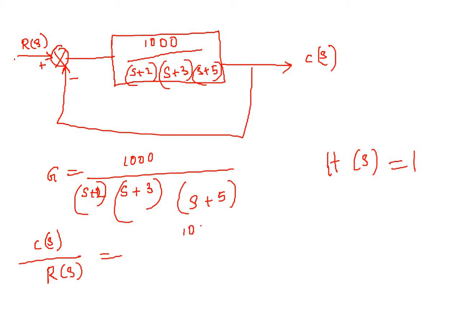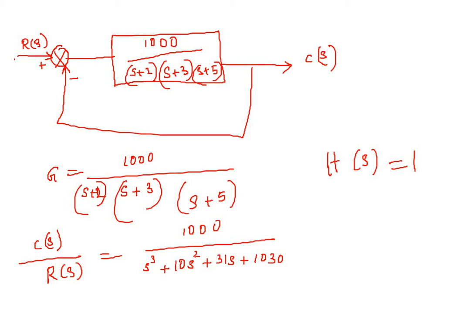So we can find the closed loop transfer function is equal to 1000 divided by S cube plus 10S square plus 31S plus 1030. So we have got the closed loop or overall transfer function.